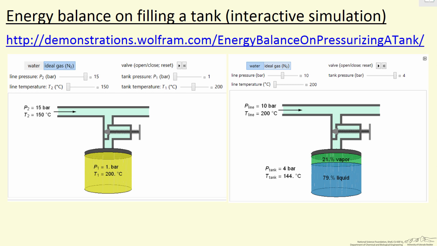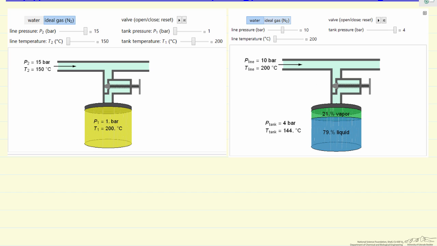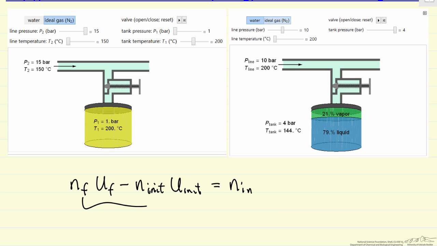If we look at an unsteady state energy balance, let's look at what that energy balance is that we're solving in this simulation. So the energy balance says that the final number of moles in the tank times the internal energy per mole of the contents, minus the initial number of moles in the tank times the initial internal energy, is equal to the number of moles that flow into the tank, which of course is the difference between these two numbers, times the enthalpy of the feed stream here.